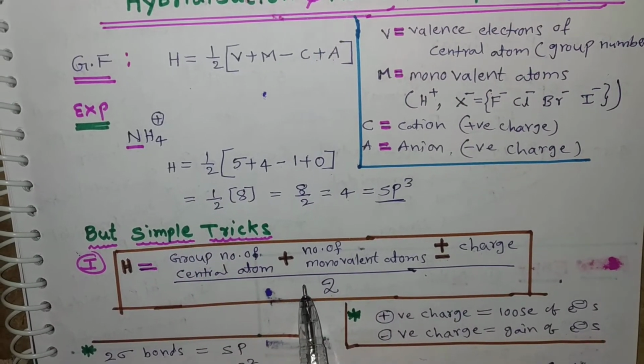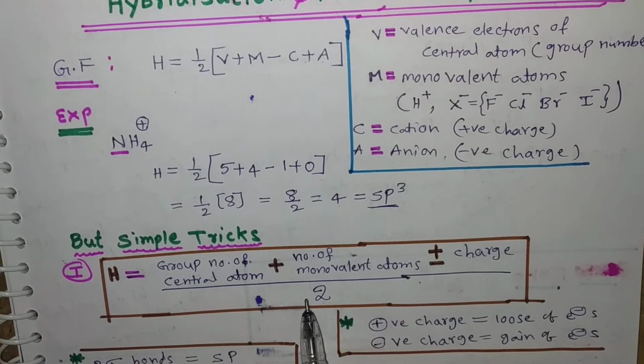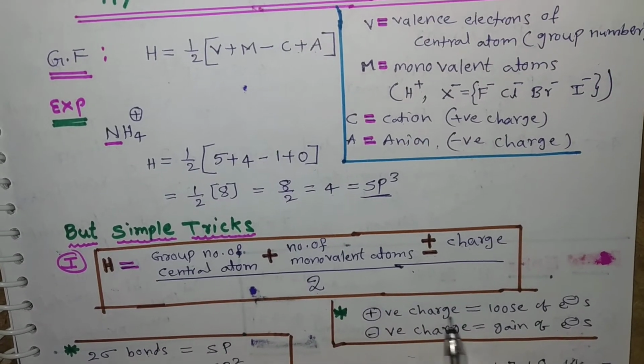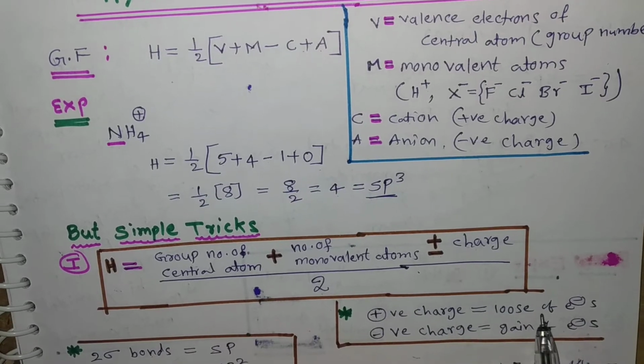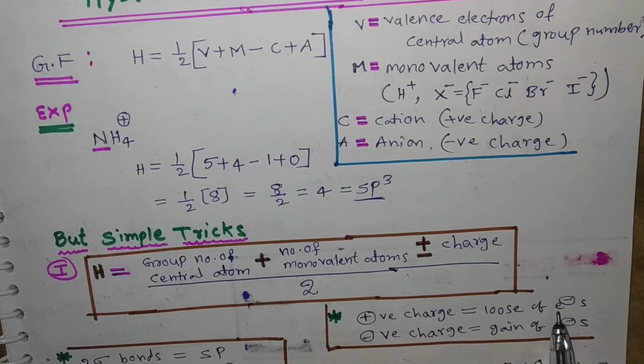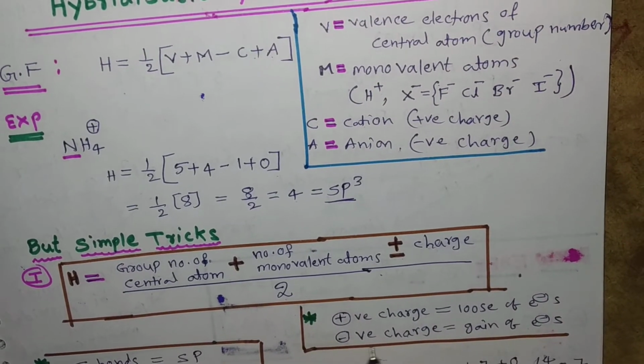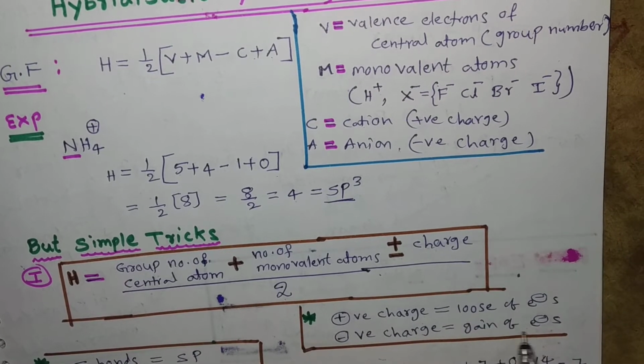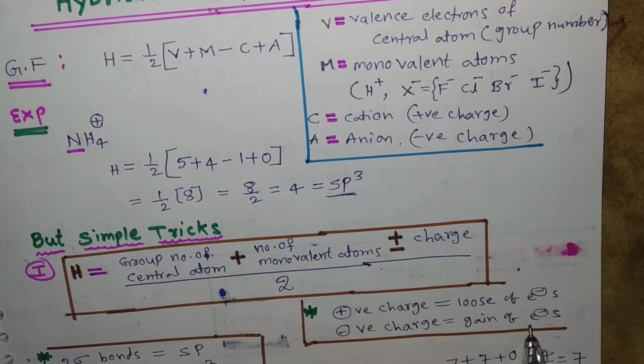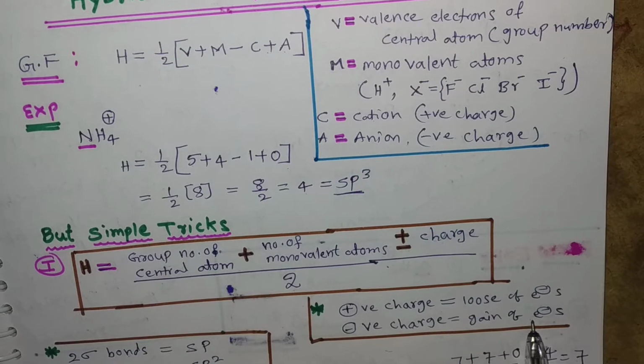This is the formula. Positive charge means loss of electrons, remove the electrons. Negative charge means gain of electrons, add the electrons.